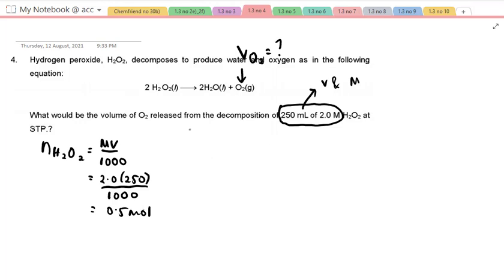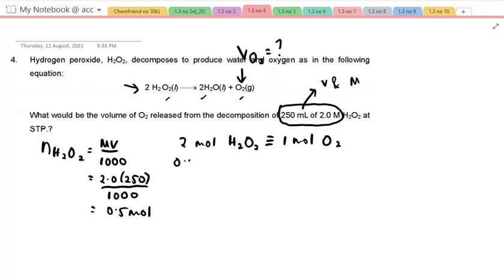Then next, make sure it is a balanced equation. Is this a balanced equation? 2, 2, 4. So 2, 2, 4. Oxygen is 4. Oxygen is 2 plus 2. So this is a balanced equation. Okay, next is to write the proportion. Write the proportion as usual. Right. So 2 mole of H2O2, the hydrogen peroxide, will release 1 mole of O2.